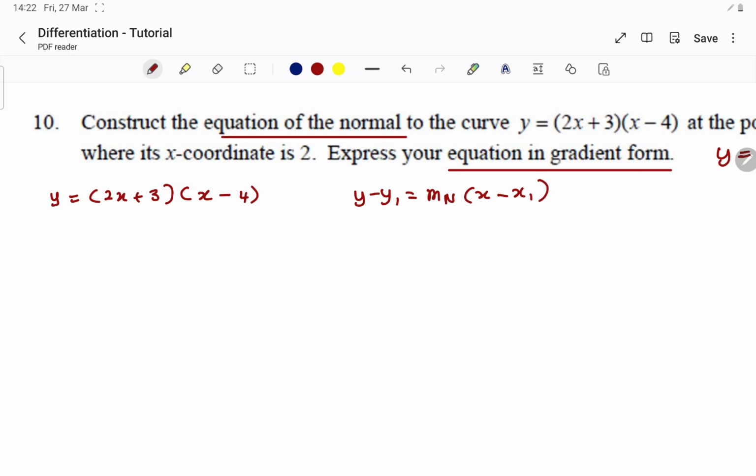Okay, so the first step is, do we have x1 and y1? We have x1, which is equal to 2. Now we have to find y1. To find y1, just substitute x equal to 2 into y. Let me substitute first.